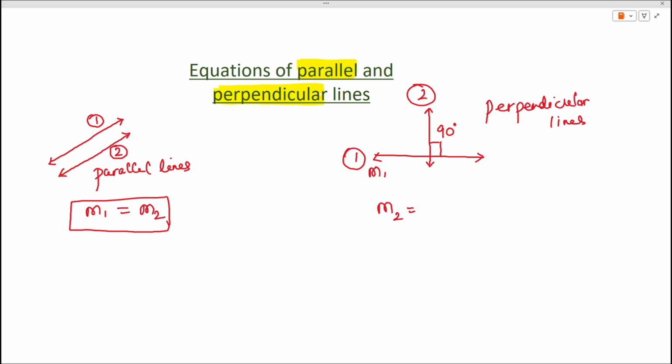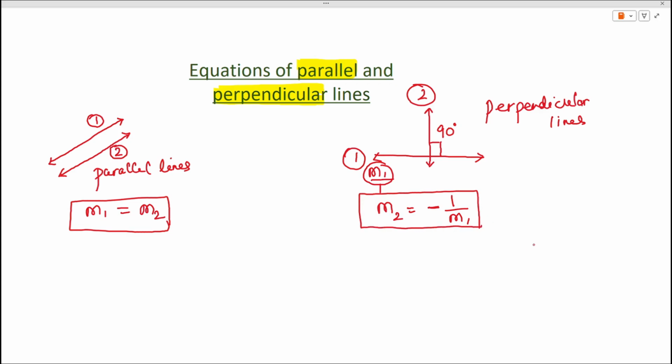It will be the flip of the sign, because m1 is positive, so we'll make it negative. And if the slope is just m1, which means m1 over 1, then the slope of the perpendicular will be negative 1 over m1. So that's the concept we have to use.